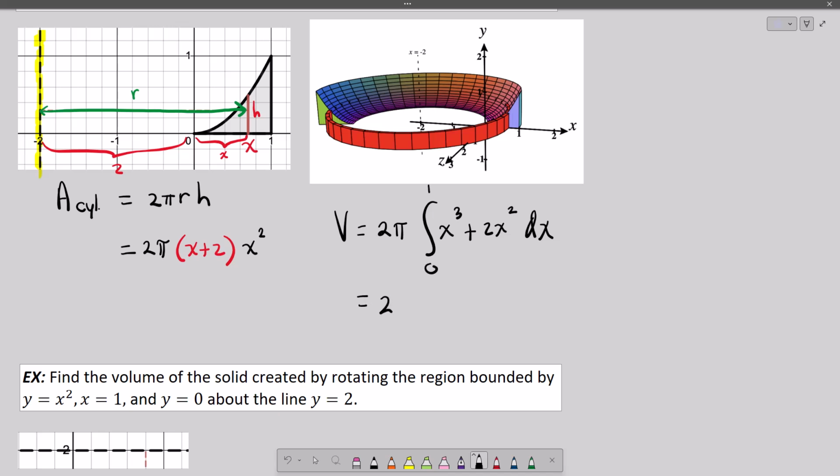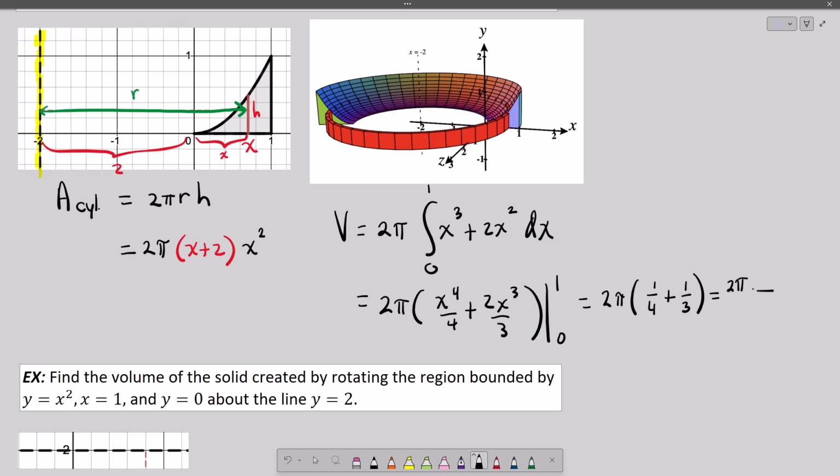So we're going to have 2 pi multiplied by, when we use the power rule here, we add 1 to each exponent, divide by the new exponent. So we will have 2 pi multiplied by a fourth plus a third. Common denominator of 12, we'll get a 3 and a 4, so that's 7. So we will end up with 7 pi divided by 6.